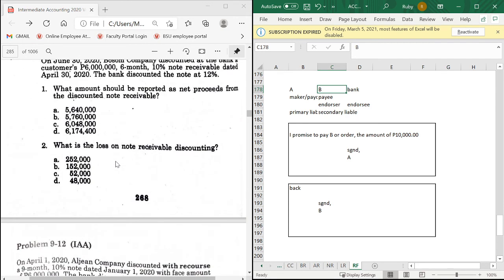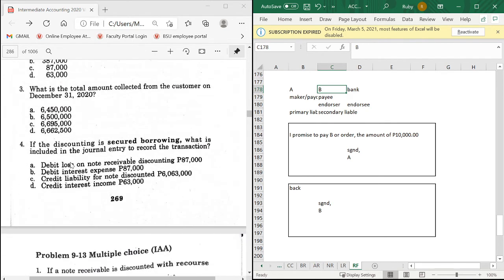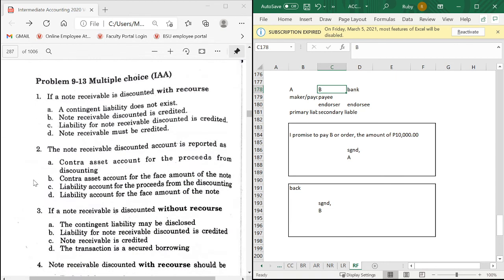Pag tinanong what is the loss, pero gain pala siya, so automatically, dapat 0 pag ganon. Ano pa? O yan. If the discounting is secured borrowing, so aalamin kung anong entry. So, di ba, secured borrowing, yun ay liability for note discounted.